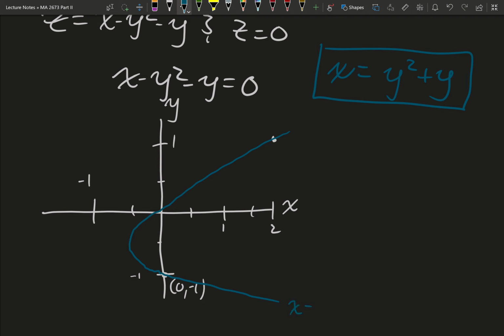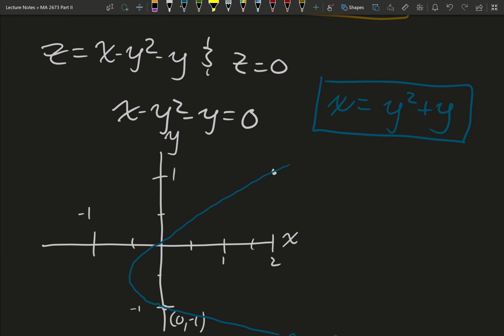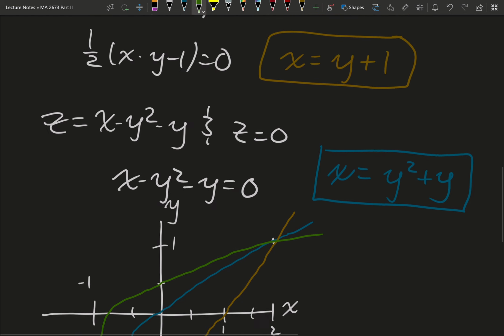I'm using the same color as the curve. See, unlike the other case, I end up with 3 regions.